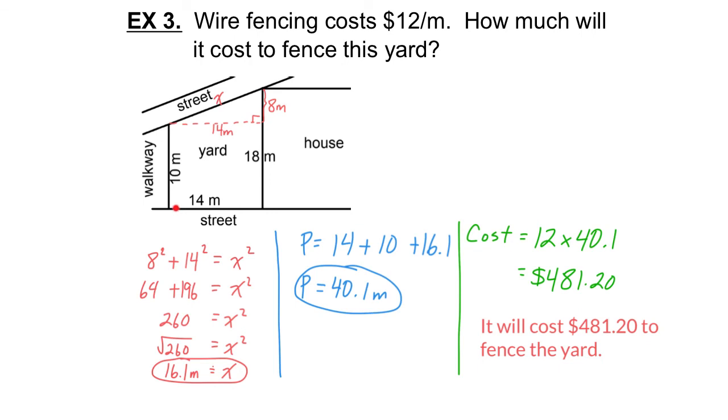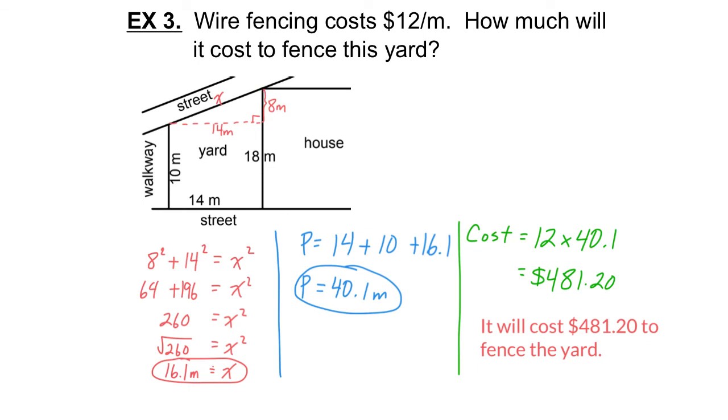This is 14 meters down here. It's still 14 meters up here. If this part is 10 meters and the house is 18 meters, the difference is 8 meters. So I have this side, I have this side. I can figure out the third side using the Pythagorean theorem. And it ends up being about 16.1 meters.